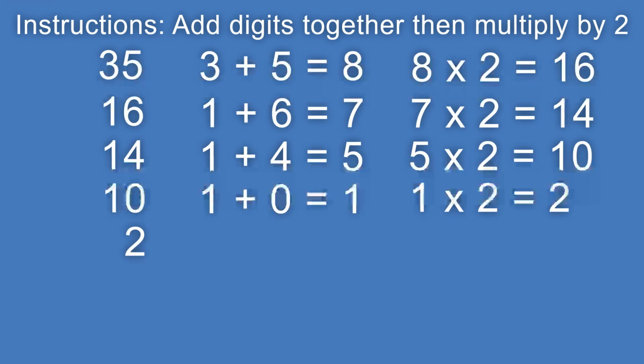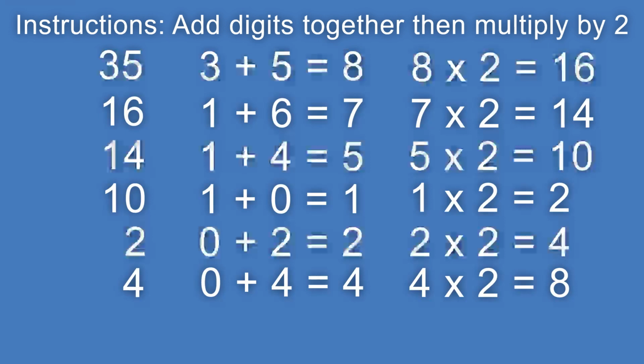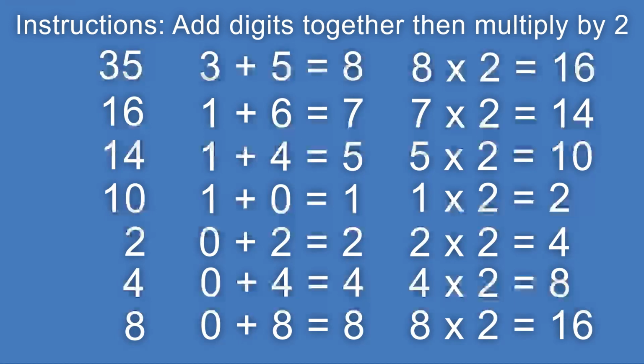What we're looking for is any kind of pattern, something that might indicate we can predict what will happen next. So you'll notice the numbers 16, 14, 10, 2, 4, 8. Then at the bottom we end up back at 16. Now 16 appeared after the first step.